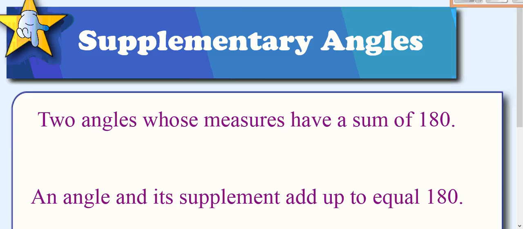So a pretty easy way to remember it is alphabetically, complement happens first. C before S. And numerically, 90 comes before 180. So complement goes first, goes with 90, supplement goes second, goes with 180. Further in the alphabet, bigger number.